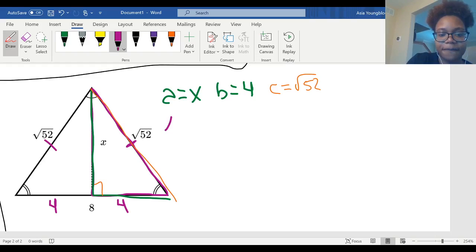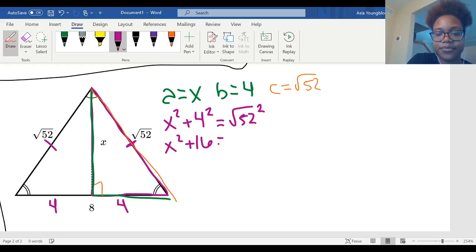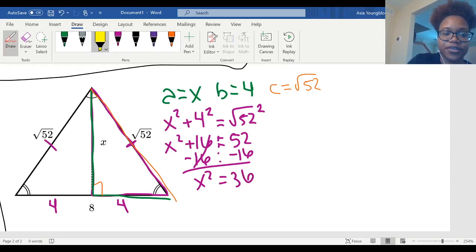So we would have x squared plus 4 squared equals the square root of 52 squared. So that would be x squared plus 16 equals 52. Then we can subtract 16 from both sides. So x squared equals 36. So this side length is going to be 36.